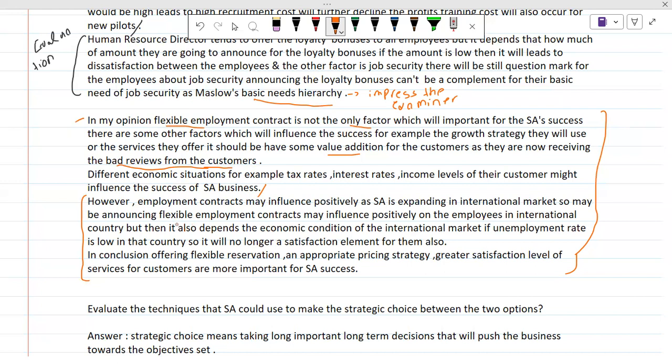Flexible employment contracts are growing in demand because people want some freedom from their jobs. They don't want to work 9 to 5. They want to work whenever they are in the mood to work.